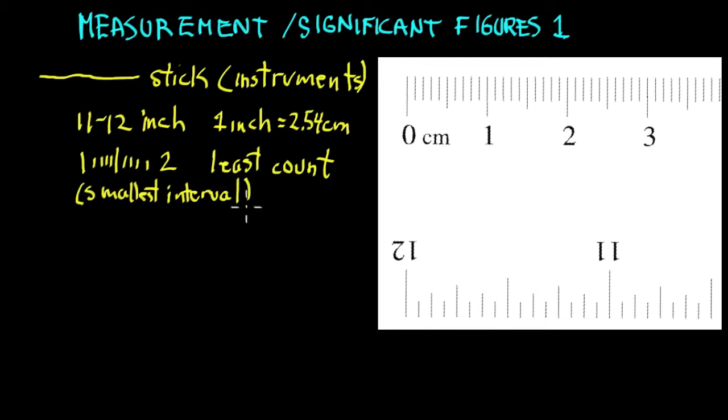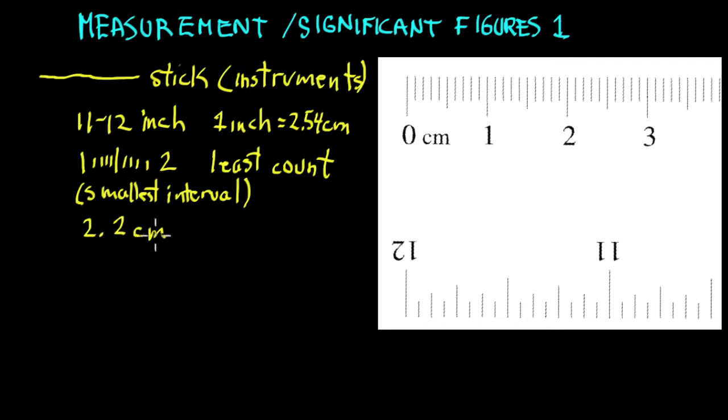For instance, on our instrument, if we look at the number 2 on the top, now you start reading over the intervals. 1, 2 intervals. If you read to the second interval, you have a measurement of 2.2 centimeters. Remember, this is a quantity.